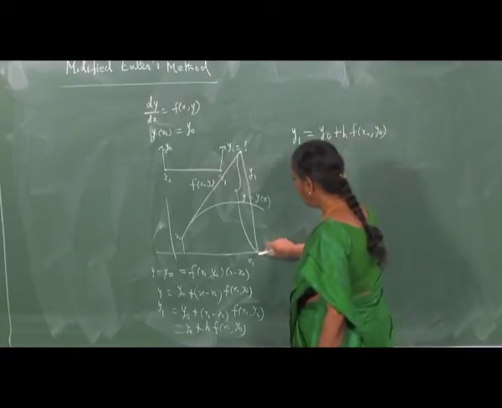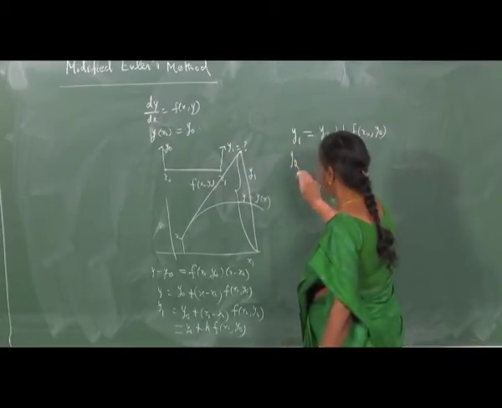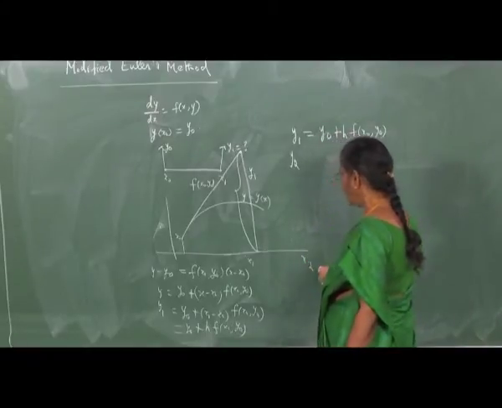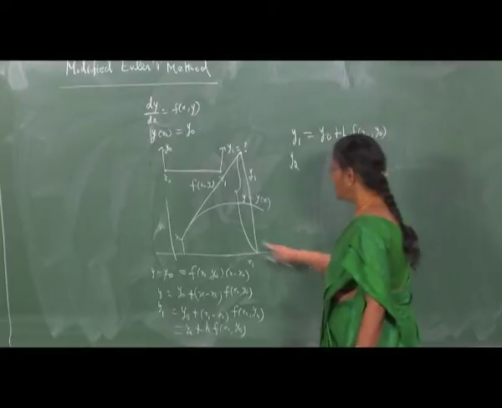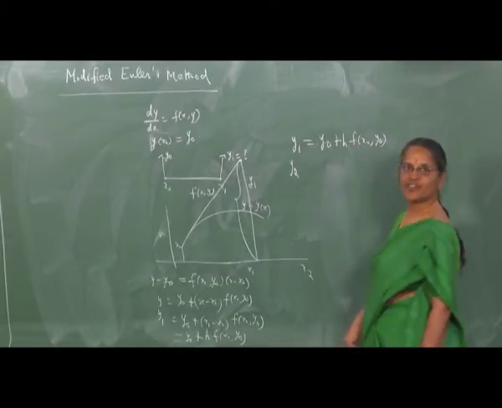Now that I have the information at x1, y1, I can move on to compute the solution at the next point x2, which is x0 plus 2h, or x1 plus h.